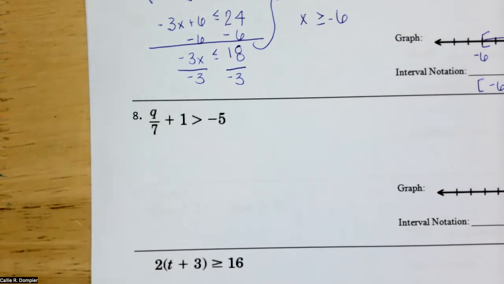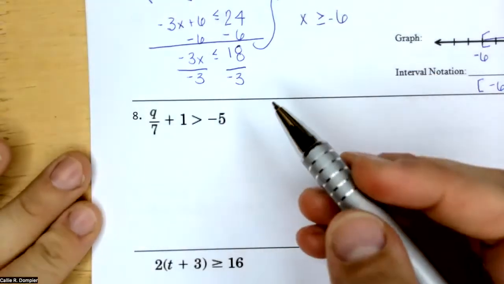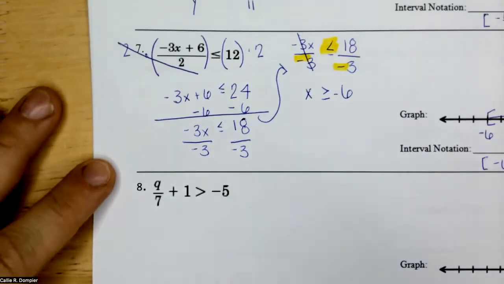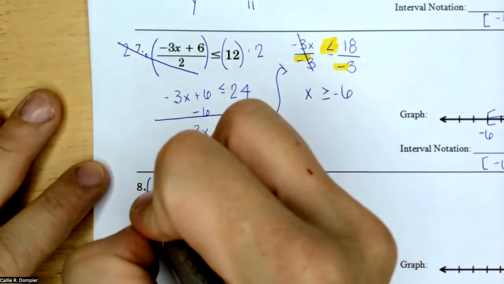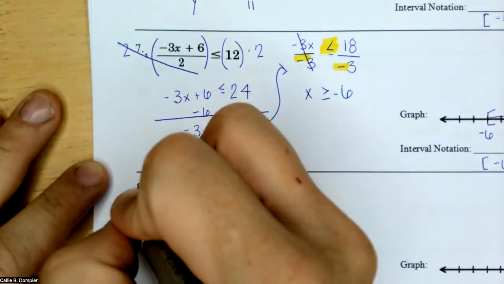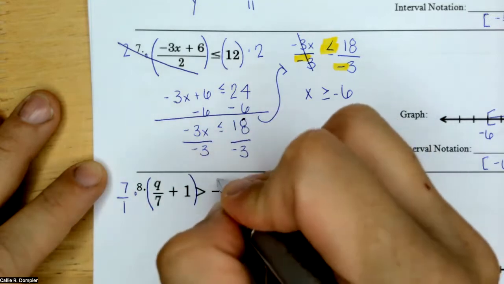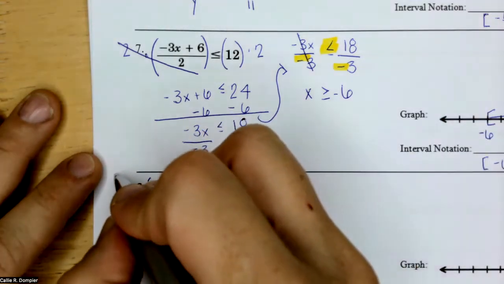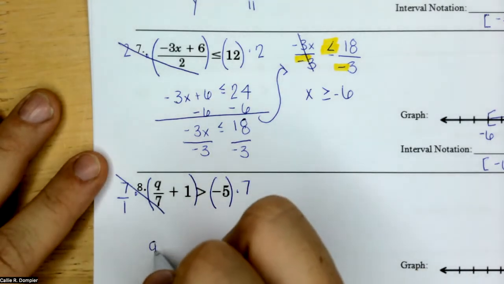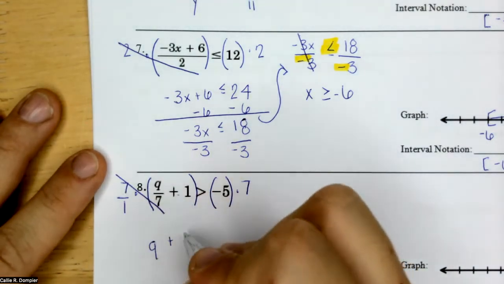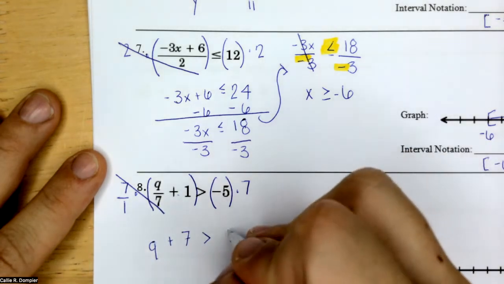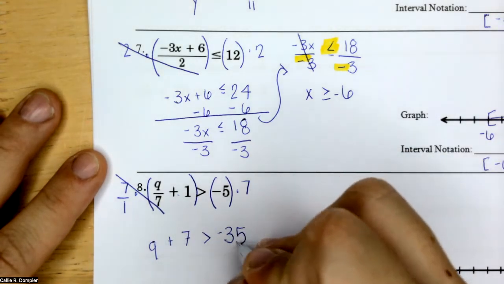Here only part of our equation is a fraction, but you still do the exact same thing as if an entire half was part of a fraction. I want to get rid of a 7 on the bottom, so I'm going to multiply everything on both sides by 7 on the top. And that's the same as just regular 7. So that cancels. I have q plus 7 times 1 is 7, greater than -5 times 7 is -35.